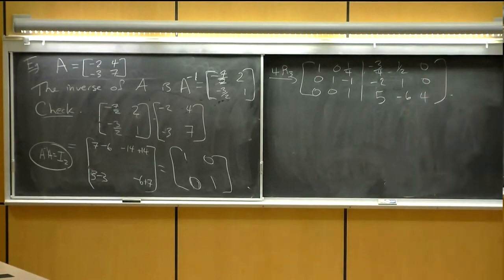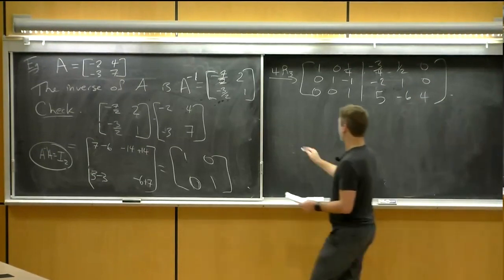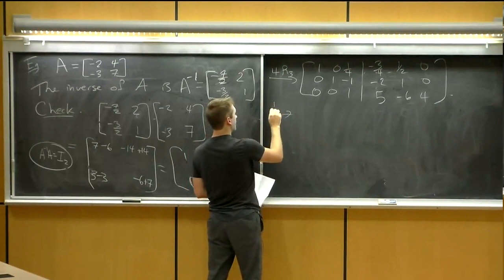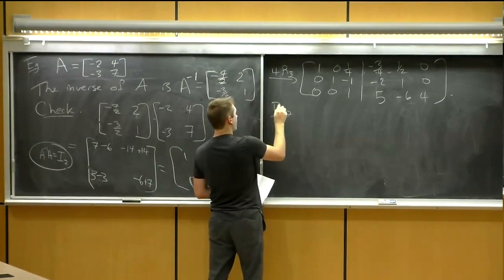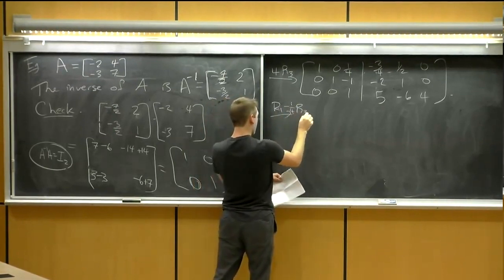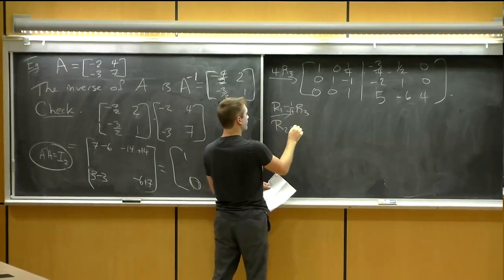Okay, so I'm continuing from there over to here. Now I'm going to eliminate everything. So row 1 minus 1/4 row 3, row 2 plus row 3.